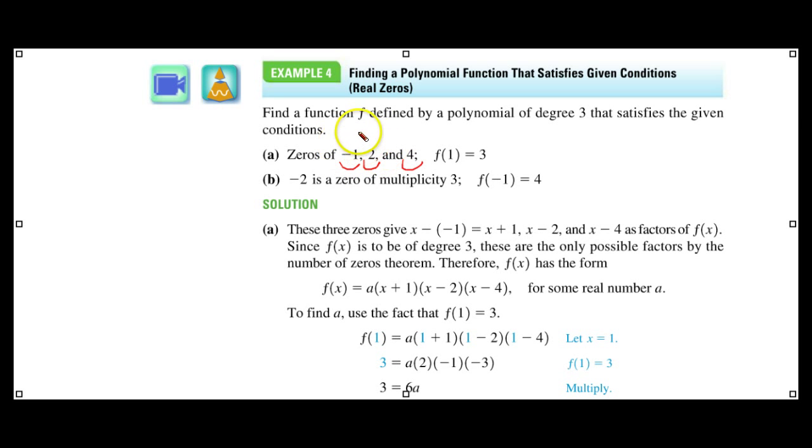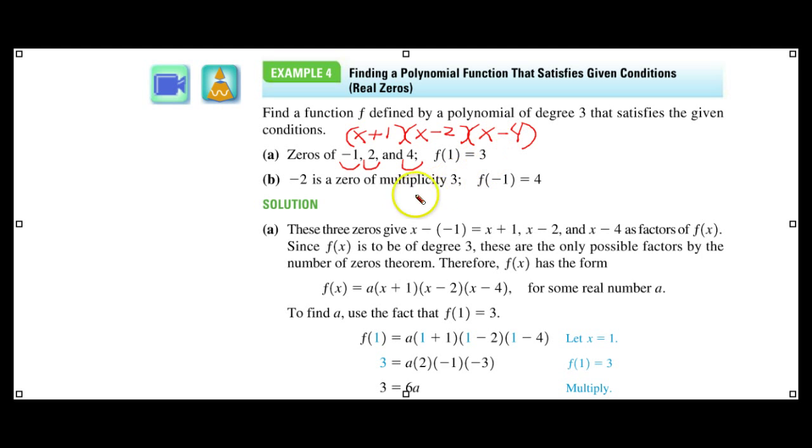And when we go to put this in its factored form, we have 3 answers, so we have, in a sense, 3 factors. And here, this would be opposite sign, x plus 1. This is going to be x minus 2. And this one would be x minus 4.